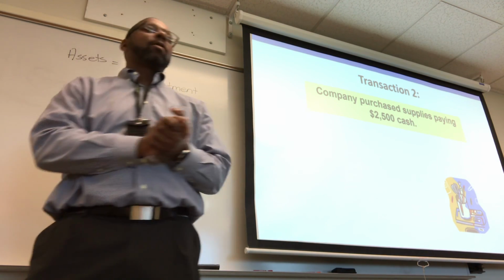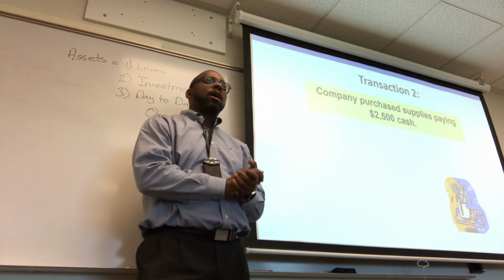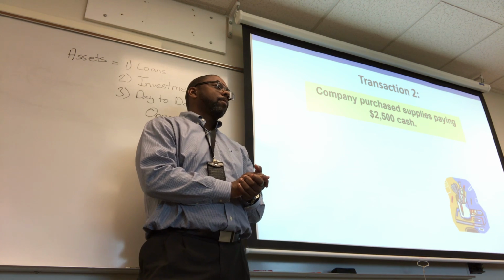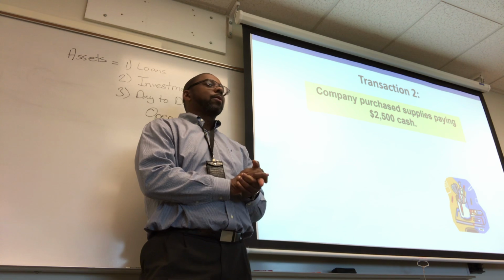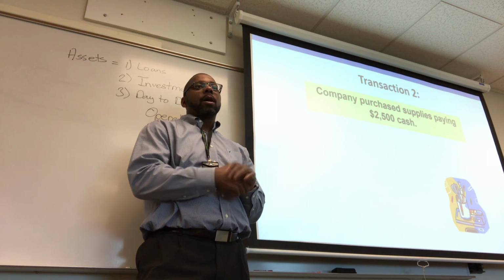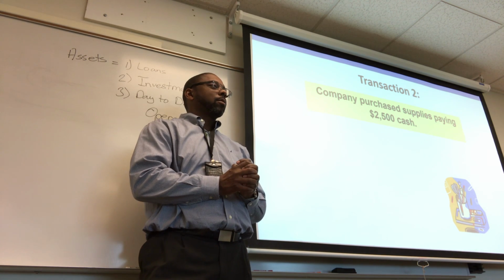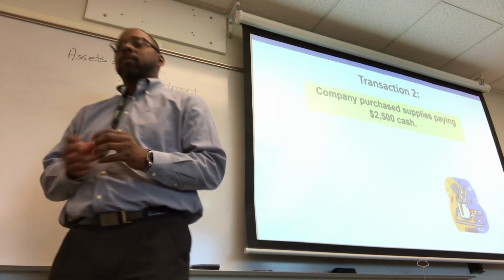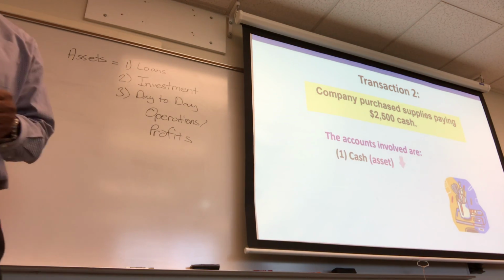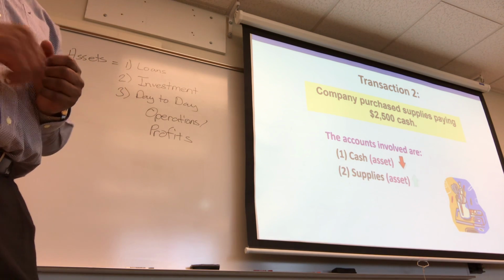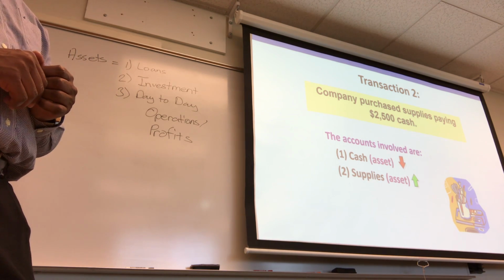Fantastic. And what did we use the cash for? Another asset account, which is supplies. Did supplies increase or decrease? Increase. So we're going to reflect an increase in supplies and a decrease in cash.